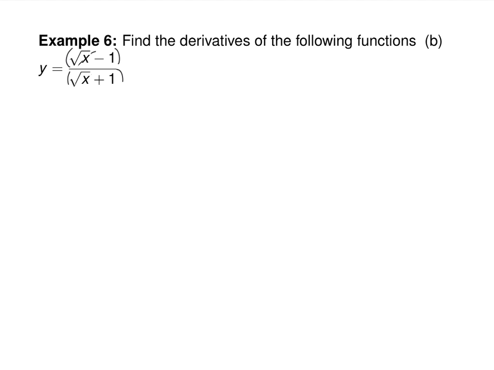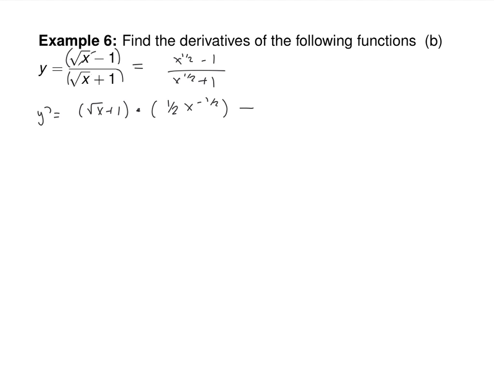So here you have to use the quotient rule. Well, it's going to get a little bit disgusting, so let's just do it together. So low, which is root x plus 1, d high, which is, what's the derivative of the upper function, x to the 1/2 minus 1? 1/2 x to the minus 1/2, yep.